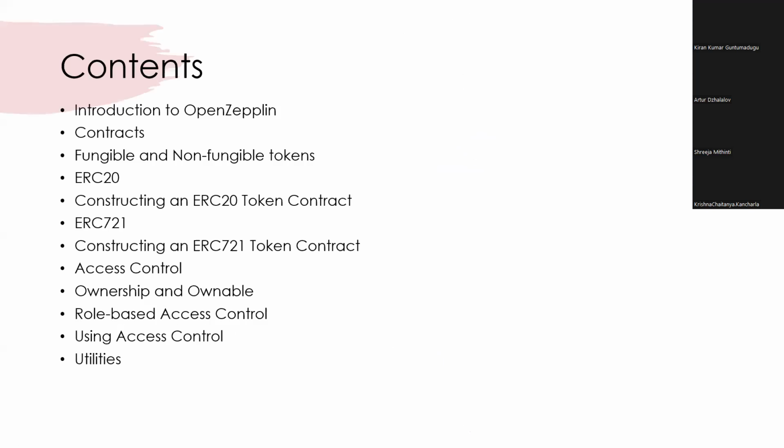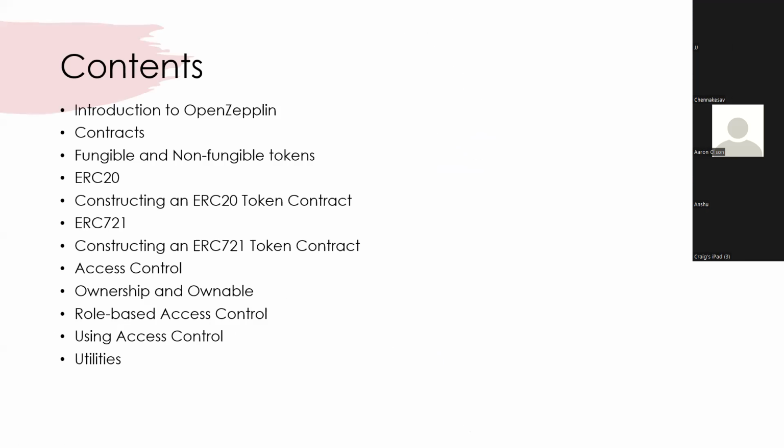Contents I have today are introduction to OpenZeppelin, contracts, fungible and non-fungible tokens, ERC20, constructing an ERC20 contract, ERC 721, constructing an ERC 721 contract, access control, ownership, and ownable, role-based access control and using access control, and then utilities. That's what I'm going to present.